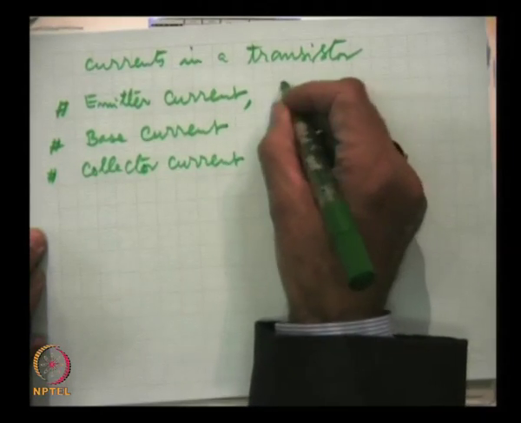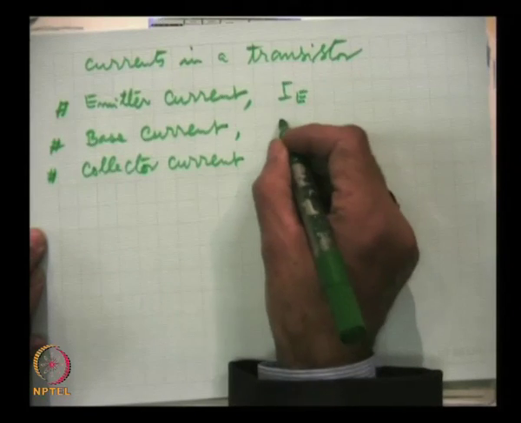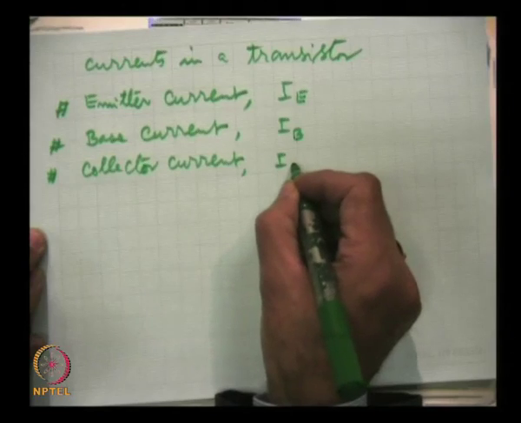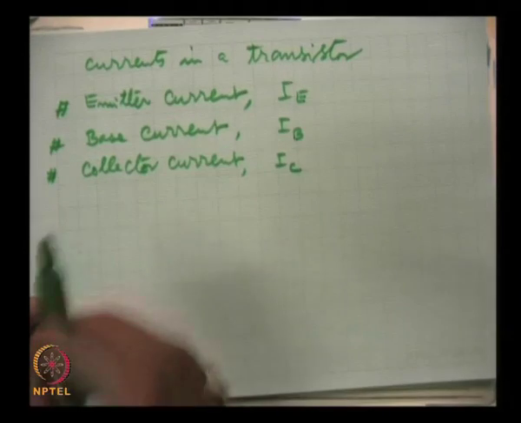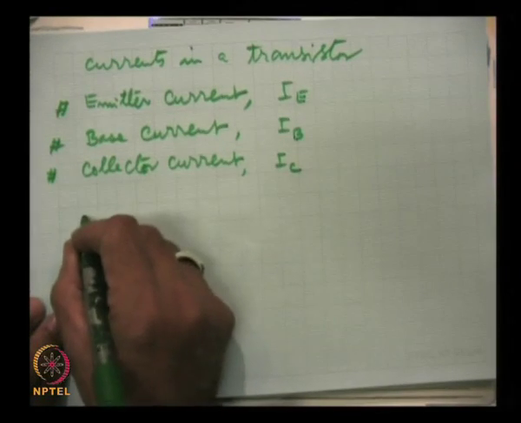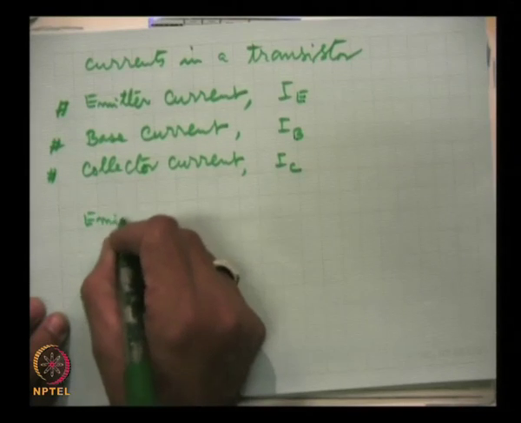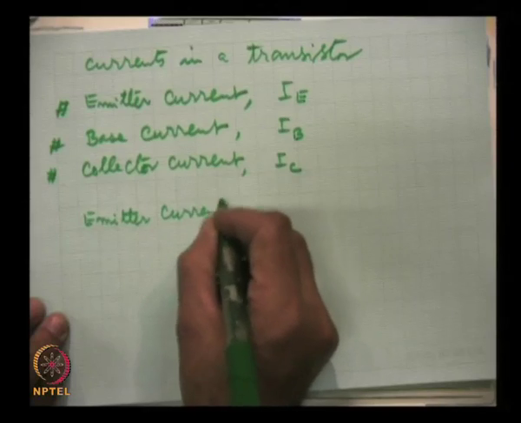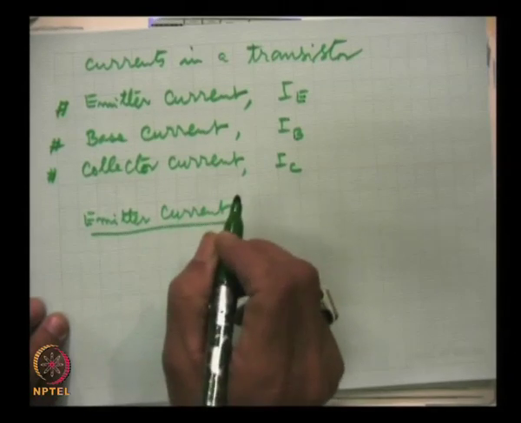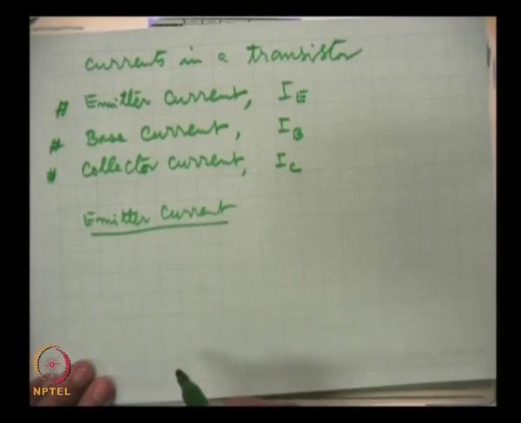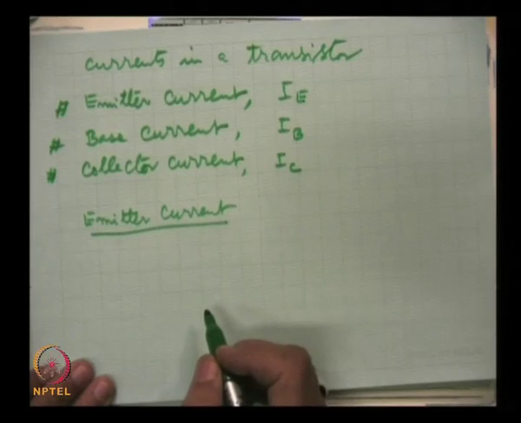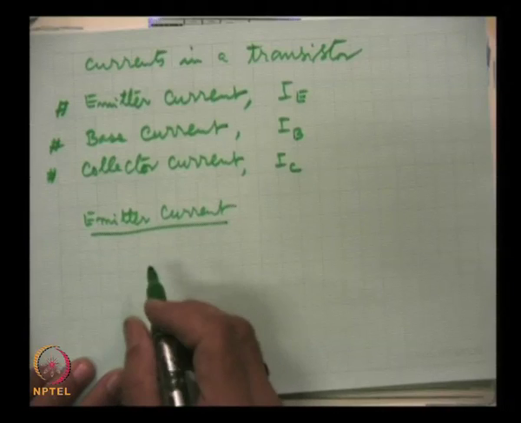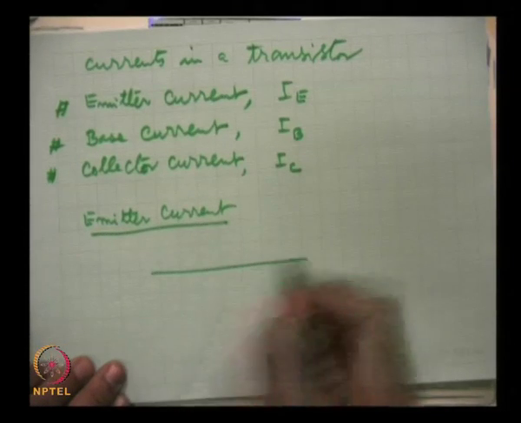These are written as I e, I b, and I c. So, first let us talk about the emitter current. Emitter current will have two components, and where they come from I will illustrate through this diagram.